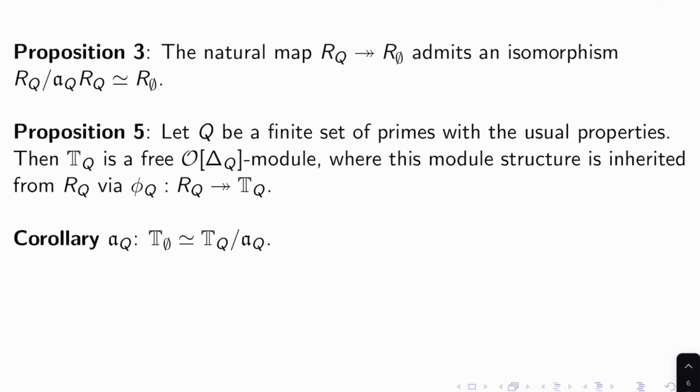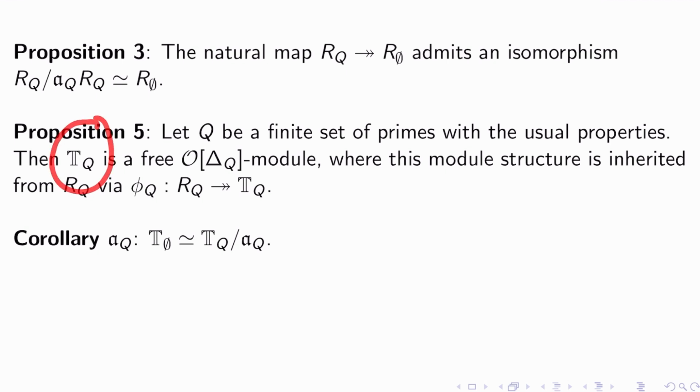Let's also recall some more results while we're at it. So proposition 3, the natural map from R Q to R empty set, so this natural surjection here, actually admits an isomorphism whose kernel is just the type Q augmentation ideal. In other words, R Q mod A Q is just isomorphic to R empty set. We had proposition 5, which said let Q be a finite set of primes with the usual properties.